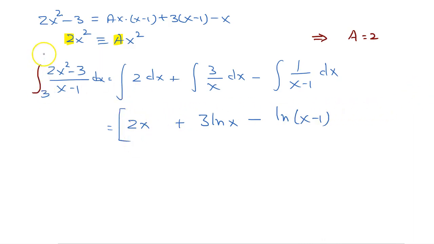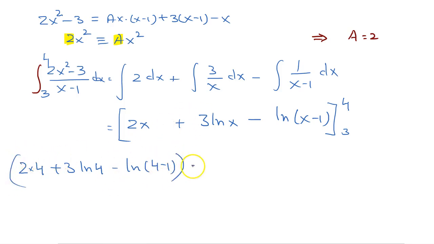And because this is 3 to 4, it will be 2 multiply 4 plus 3 ln 4 minus ln 4 minus 1, minus 2 multiply 3 plus 3 ln 3 minus ln 3 minus 1.